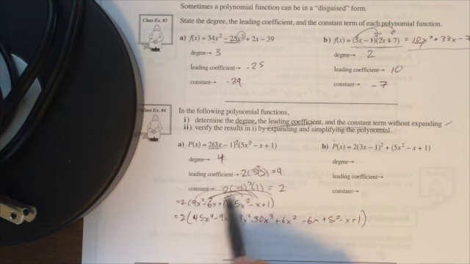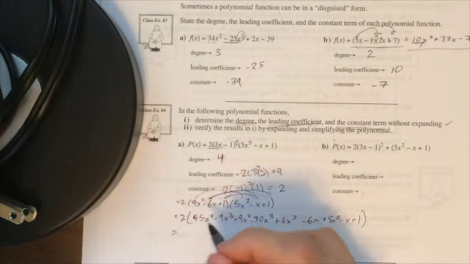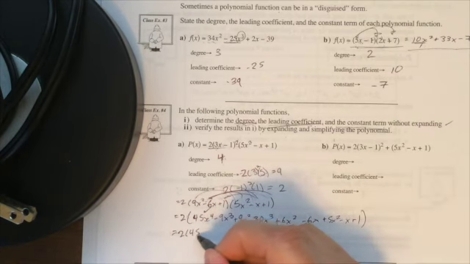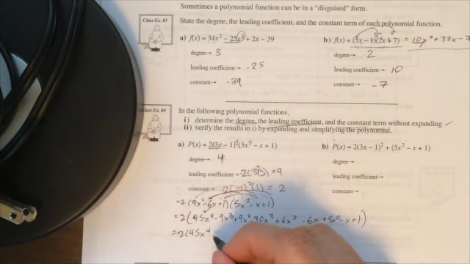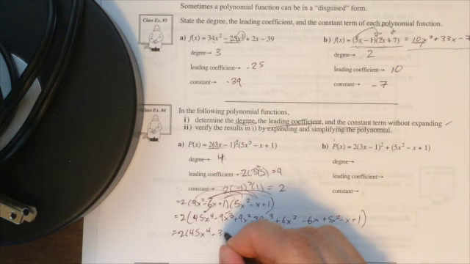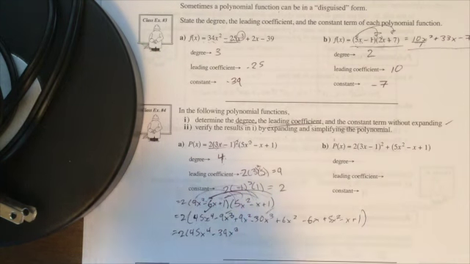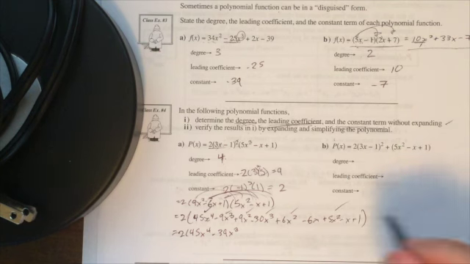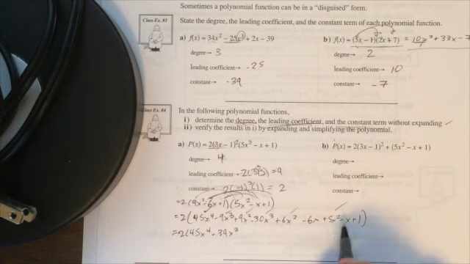All I did was distribute everything across the brackets. I FOILed it, and now I need to add my like terms. So I know it's going to be 2 times 45x to the power 4, minus 9x cubed, 30x cubed, minus 39x cubed, 9x squared, 6x squared, 5x squared, and I think that is it.